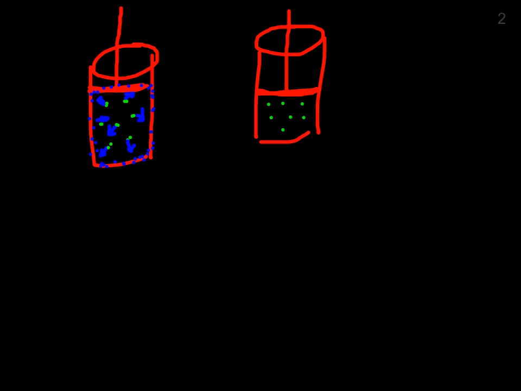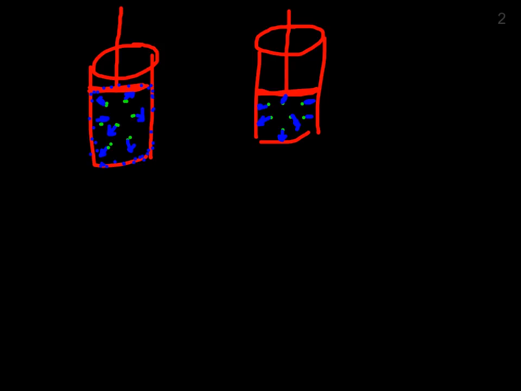Now what's going to happen is these guys at the same temperature, because they have the same kinetic energy, the same motion, are going to be hitting the sides of the container more frequently. More frequently means that they're going to exert a greater pressure.